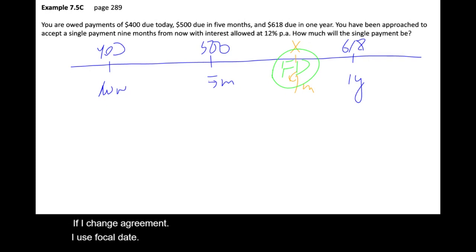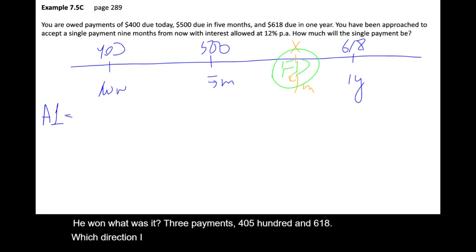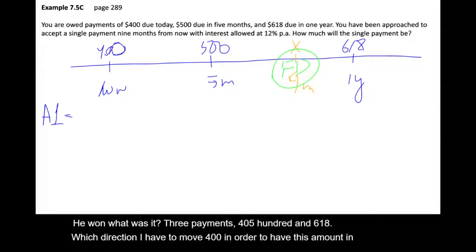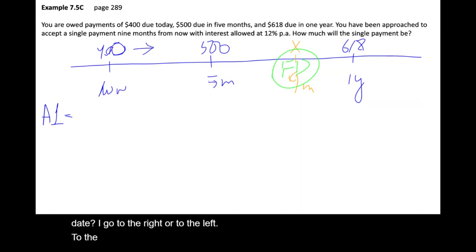And let's calculate what we have here. Agreement 1, A1. What was it? 3 payments: 400, 500, and 618. In which direction do I have to move 400 in order to have this amount at the focal date? To the right or to the left? To the right, so I put an arrow.